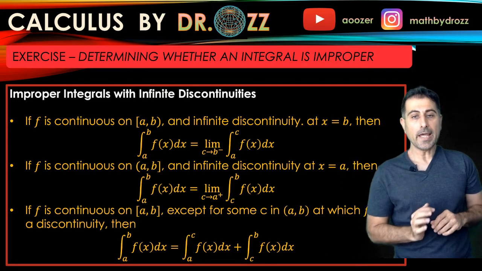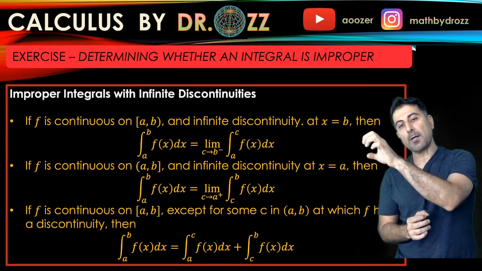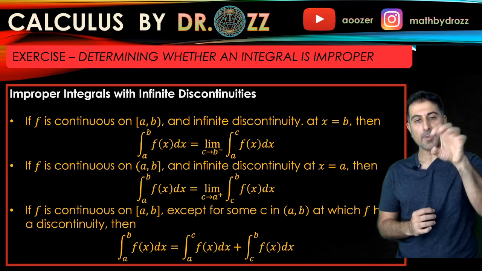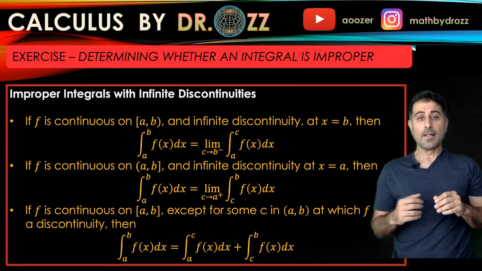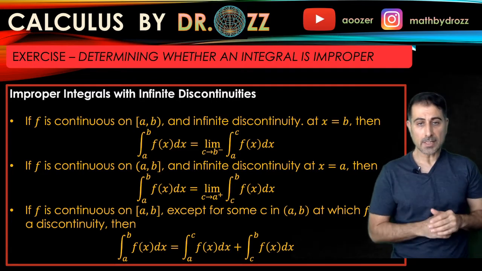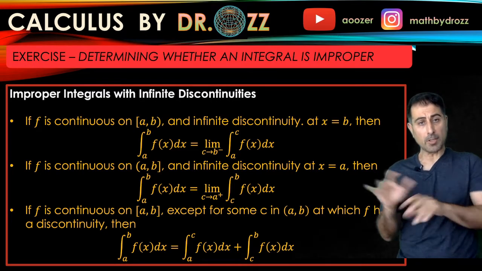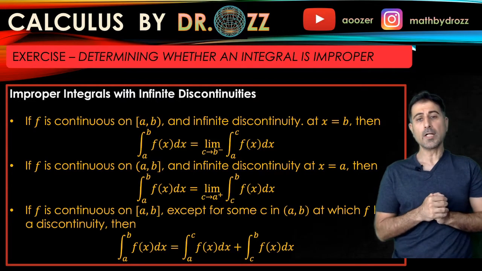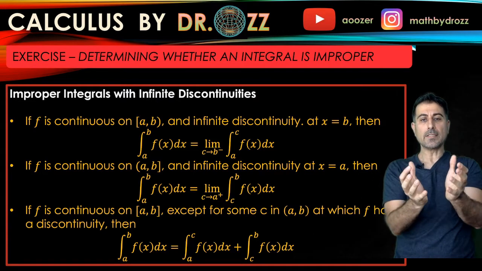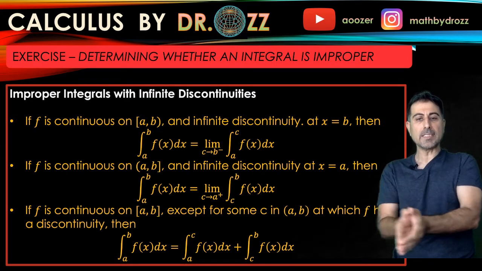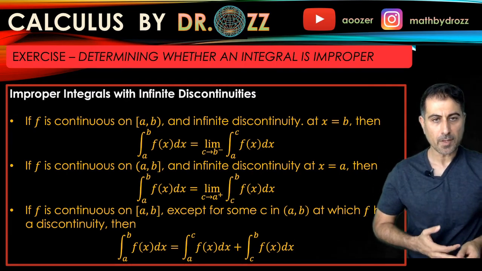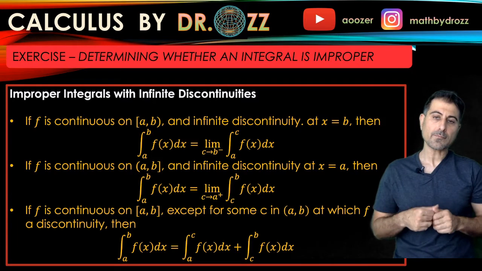This way, you reduce an improper integral to a proper integral from a to c of f of x dx, and for that one, you can use the fundamental theorem of calculus and all the integration techniques that we learned earlier. Once you have the final output of that integral, then you pass the limit as c approaches b from the left. Okay, so it's a two-step approach.